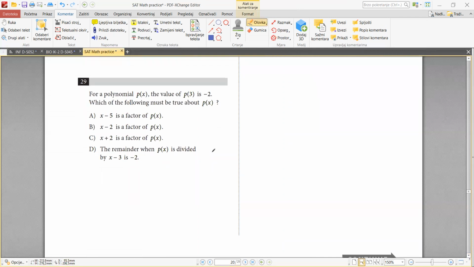Question number 29. For a polynomial p of x, the value of p of 3 is equal to -2. Which of the following must be true about p of x? X minus 5 is a factor of p of x. x minus 2 is a factor of p of x.